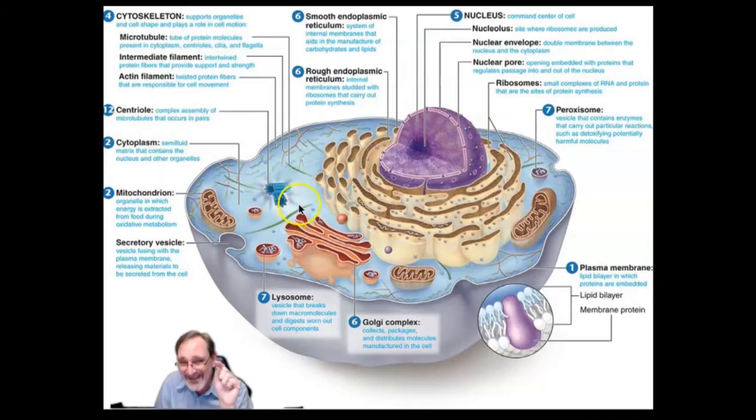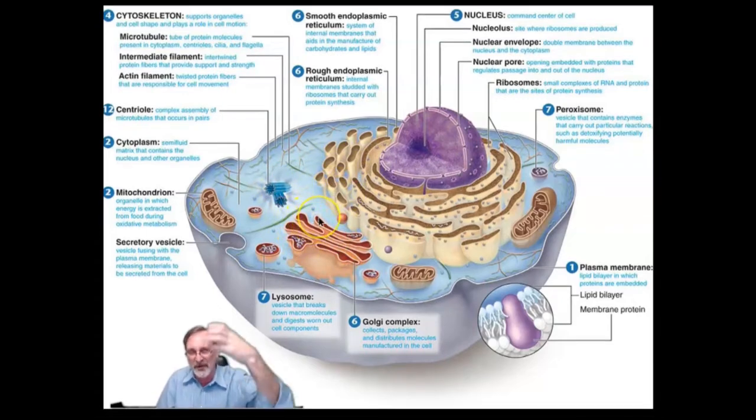Technically, the liquid is called cytosol, and everything except the nucleus is part of the cytoplasm. But people usually think of it in terms of the other things floating in the cytoplasm. Well, they're really part of it, but whatever. The cytoplasm is all the stuff in the cell, the semi-fluid matrix that contains the nucleus and other organelles.